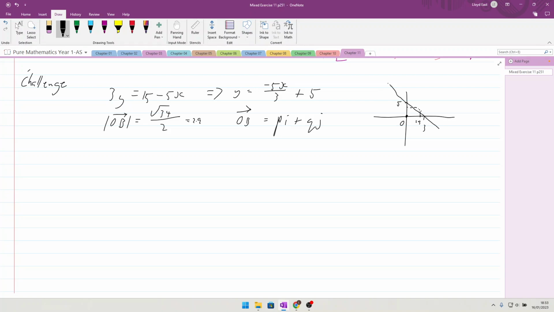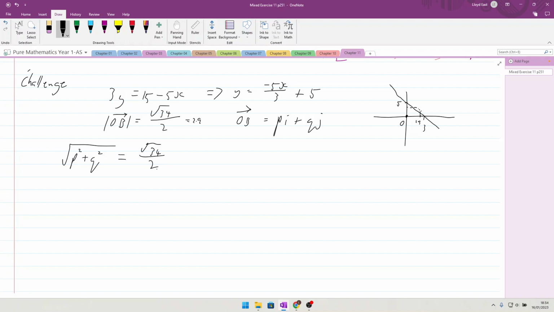So if we had a p and a q value, we could do p squared plus q squared, and the square root of that is equal to the root of 34 over 2.